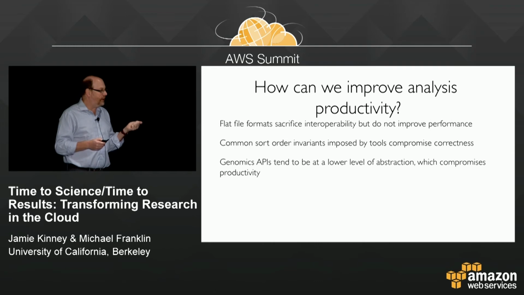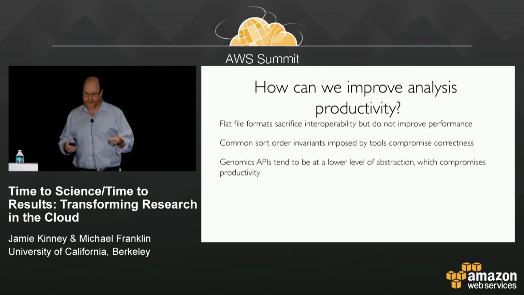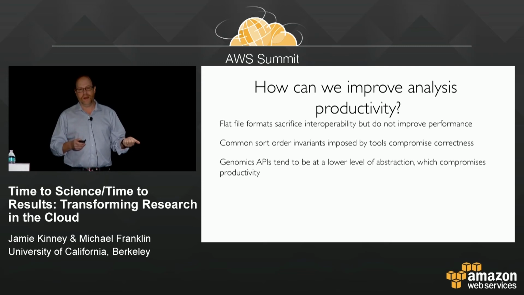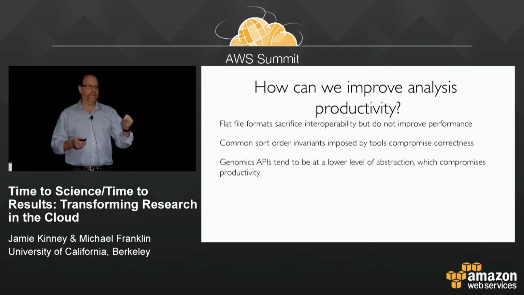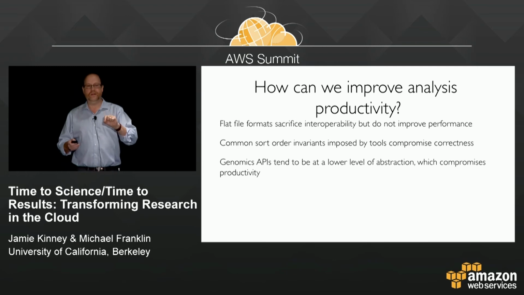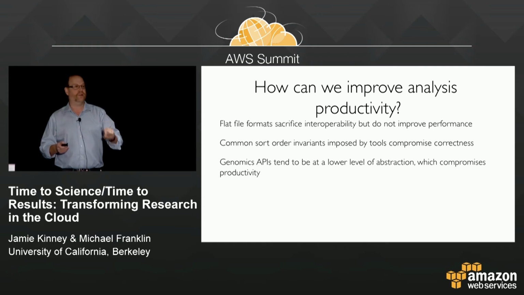So if you look at the state of the art in genomics processing, or what people typically do, there's a bunch of file formats out there that really don't play very well with modern big data technology. A lot of the pipelines are built in a way that there's a lot of hidden dependencies in terms of the ordering of the data and the structuring of data.